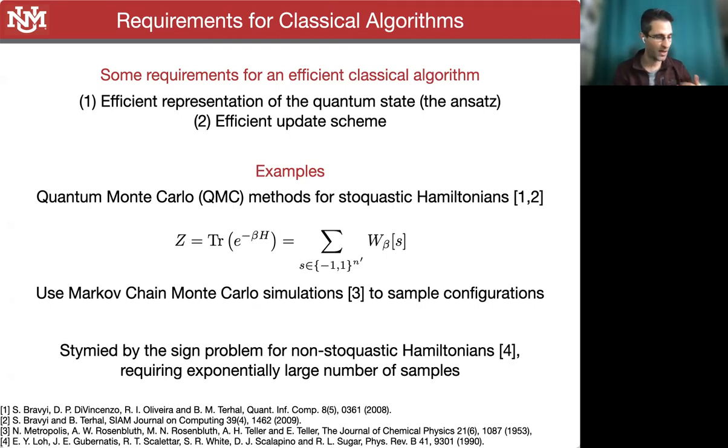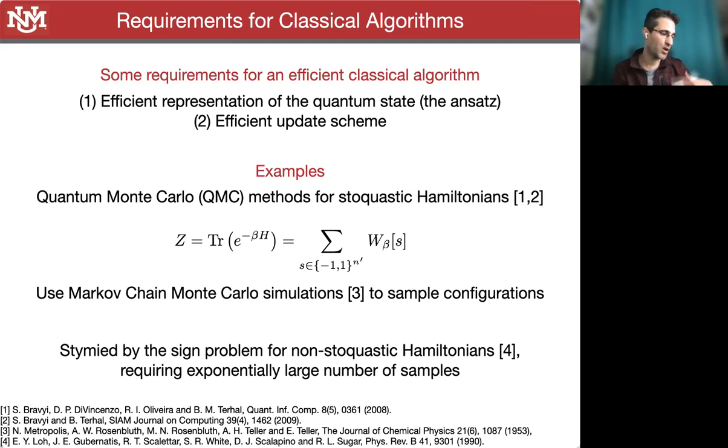It could happen that even though you satisfy these two conditions, you still need exponentially long time for your simulation to equilibrate, right? And a classic example of this is quantum spin glasses. You can have quantum spin glasses described by stochastic Hamiltonians, but they take exponentially long times to equilibrate.